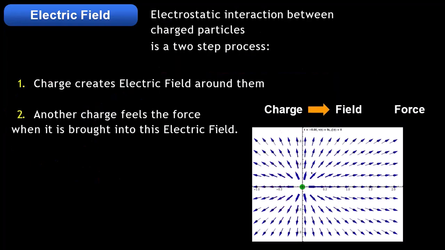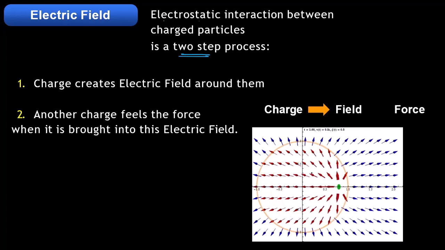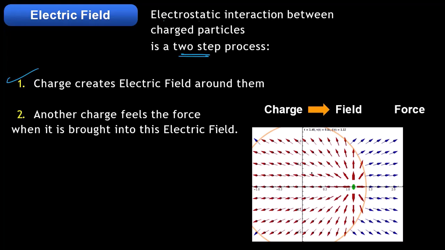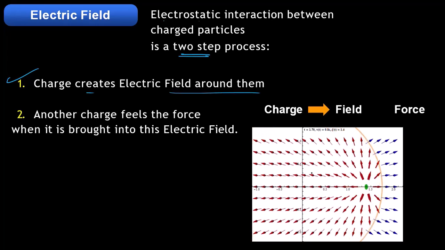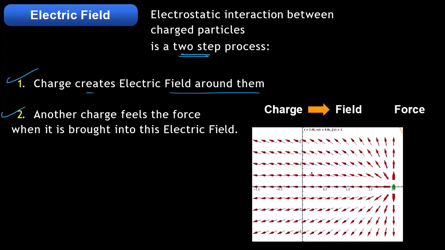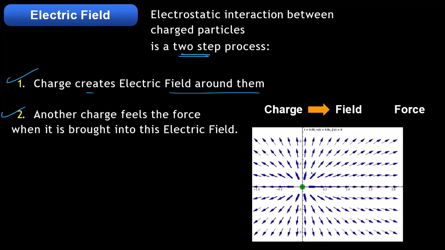So it is a two-step process. The electrostatic interaction between charged particles is a two-step process. First, the charge creates the electric field, and once I bring another charge inside that region, then the force comes. The charge creates the field and the field creates the force.